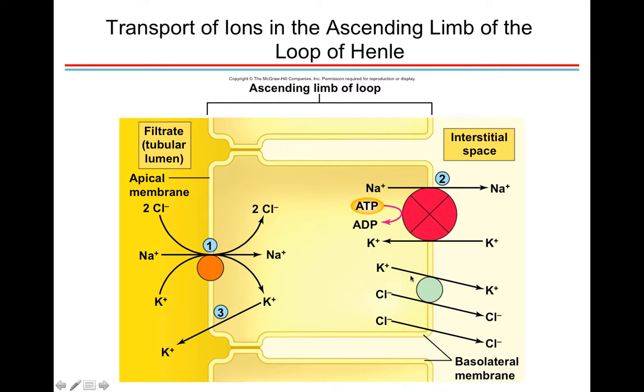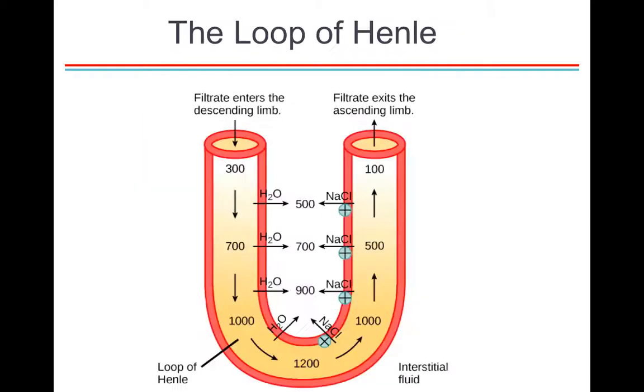And potassium will also be leaving the cell, following its concentration gradient. So basically, sodium leaving the cell into the interstitial space will attract the chloride ions to follow into the interstitial space. And that's how we're seeing this net movement of NaCl exiting the ascending loop, entering the interstitial space.